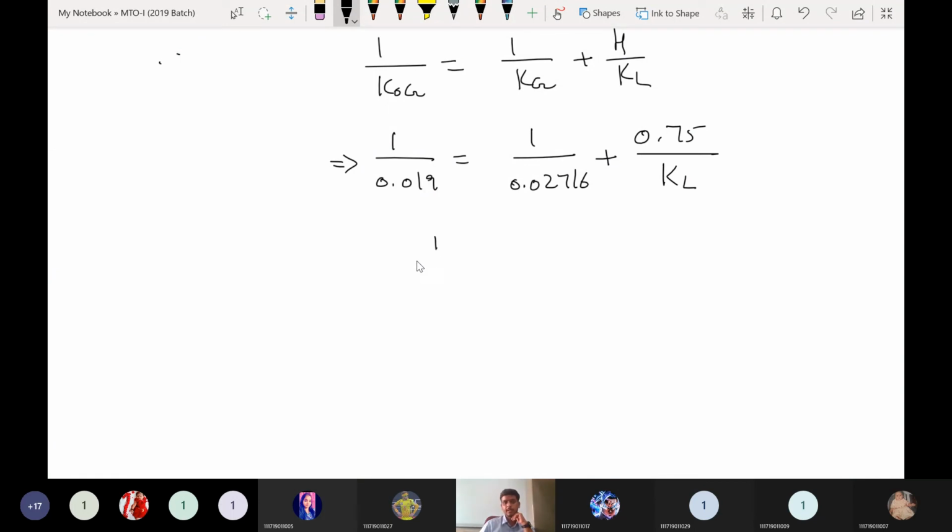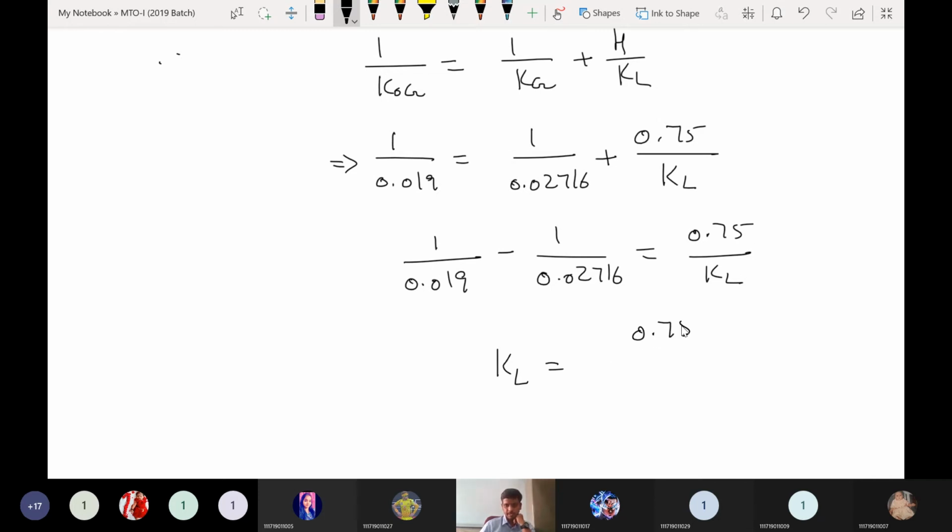So 1 by 0.019 minus 1 by 0.02716 is equal to 0.75 by KL. Therefore, KL is equal to 0.75 divided by (1 by 0.019 minus 1 by 0.02716).